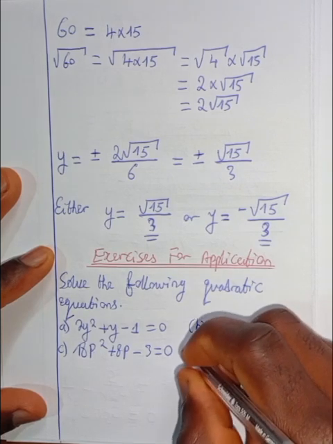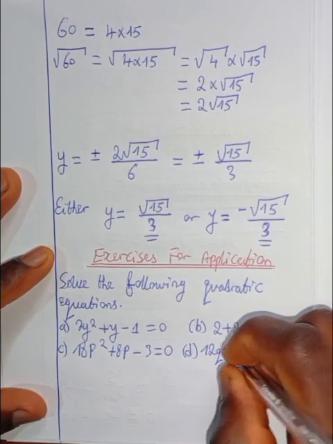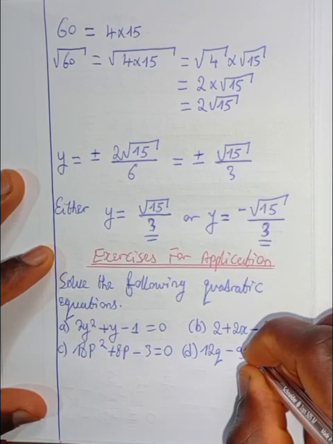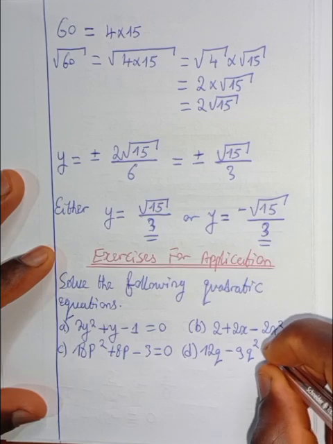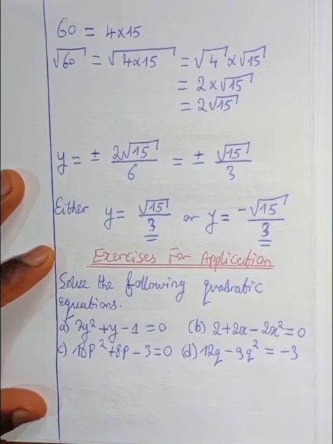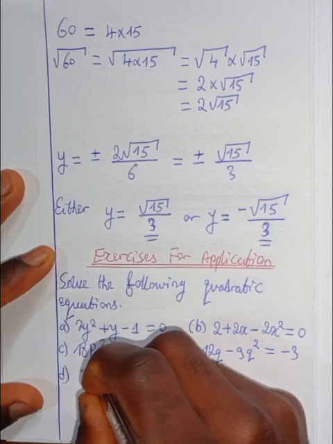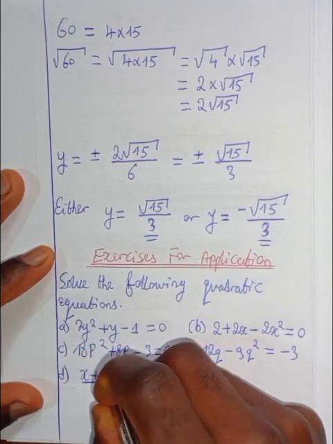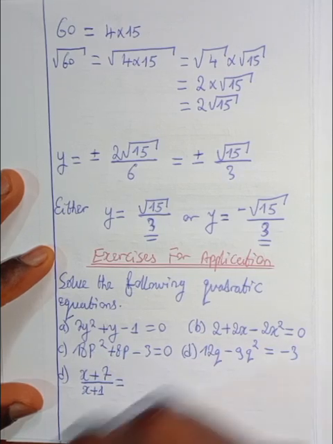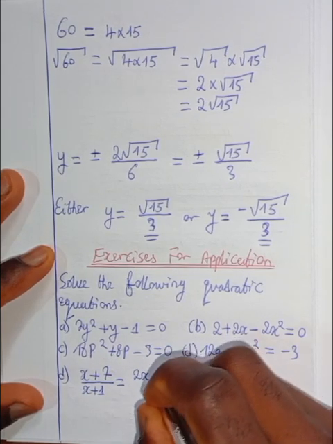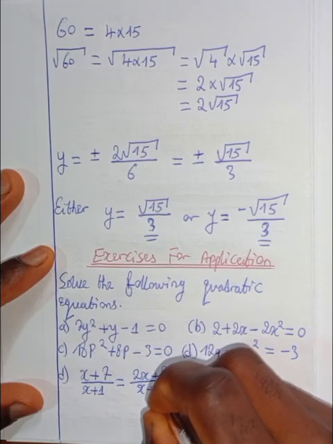For question D, we have 12q minus 9q squared is equal to negative 3. For question D, we have x plus 7 all over x plus 1 is equal to 2x plus 8 all over x plus 1.